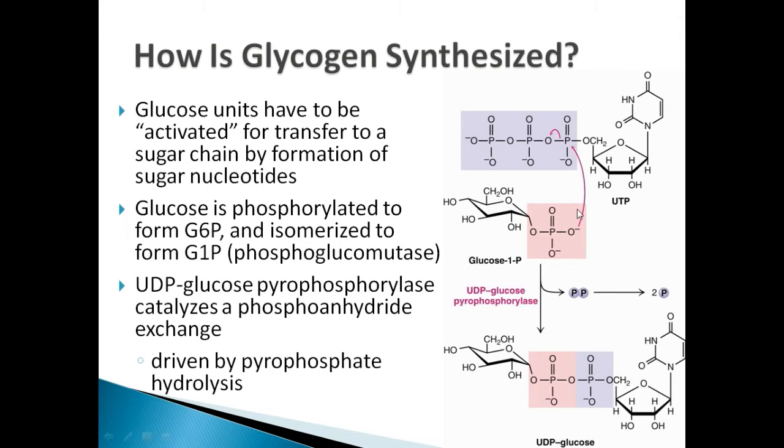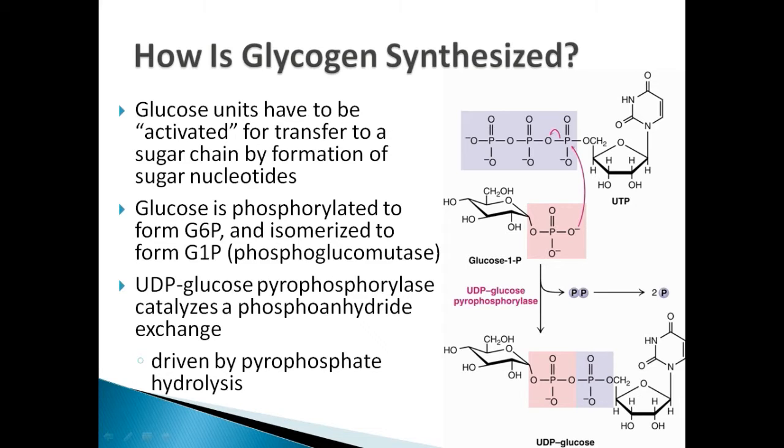And what happens is that the glucose 1-phosphate produced from glucose 6-phosphate through phosphoglucomutase will receive this phosphoanhydride exchange, and from glucose 1-phosphate we will form UDP glucose, and you will see the two phosphates from the original UTP are released as a pyrophosphate, which is then split into two inorganic phosphates, and what we have at the end is a UDP and a glucose.